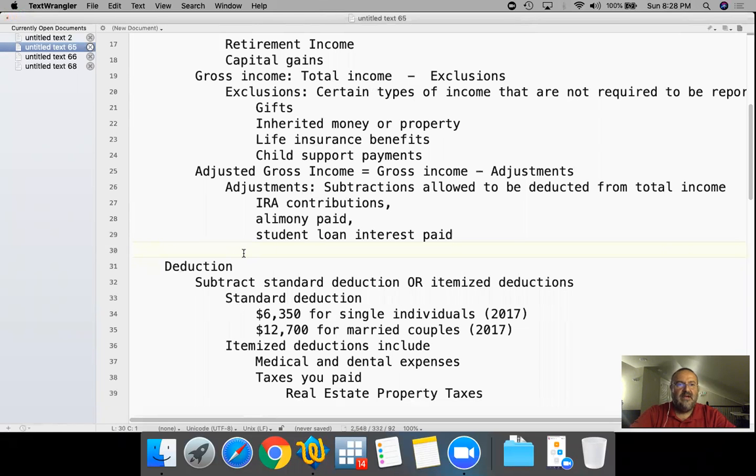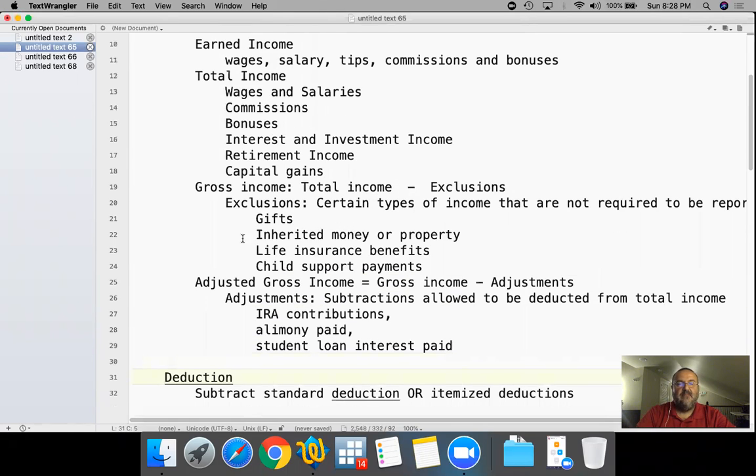Now, you also have deductions. Again, let's recap. You had your earned income, you have your total income. Then we had our exclusions. These are very specific: gifts, inheritance, life insurance benefits, child support payments, and so on and so forth.